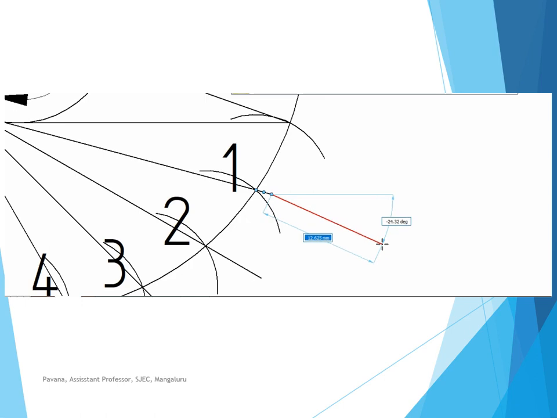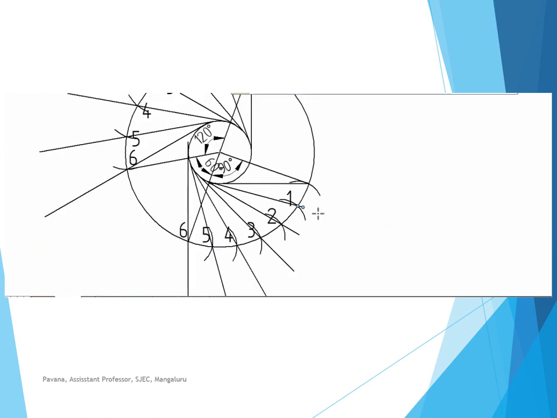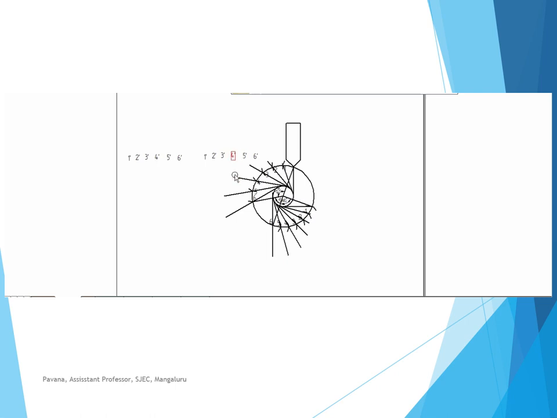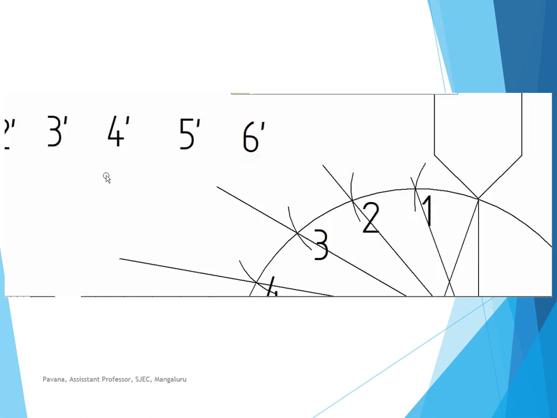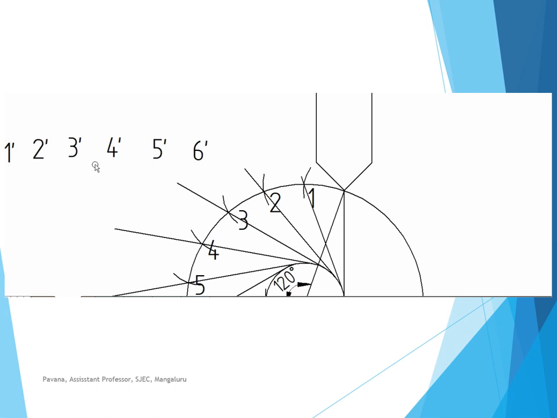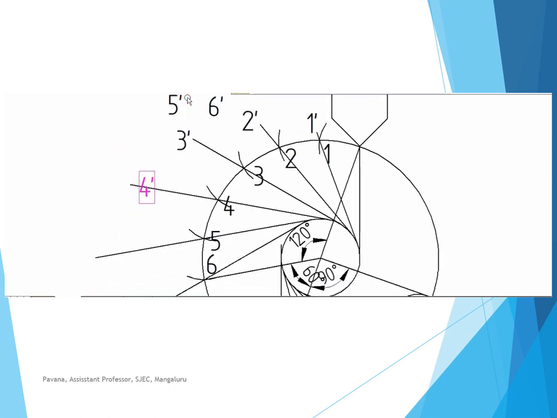Okay, now name all those endpoints: 1 dash, 2 dash, 3 dash, all the endpoints. You go on naming. So first one is 1 dash, 2 dash, 3 dash, 4 dash, 5 dash, 6 dash.